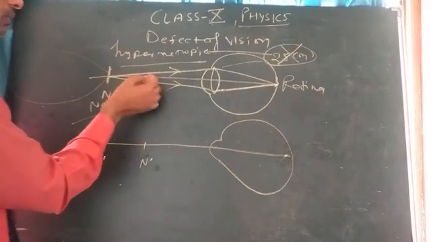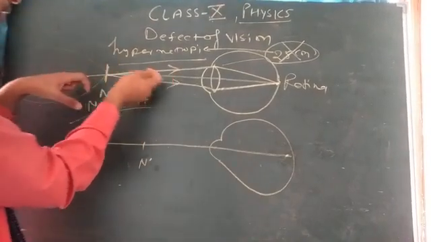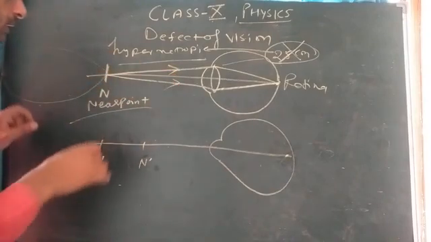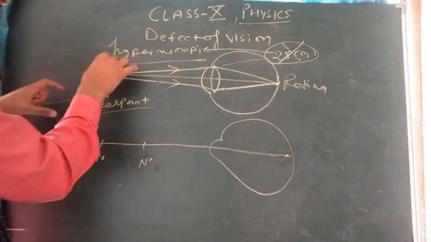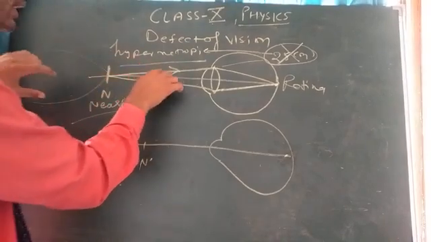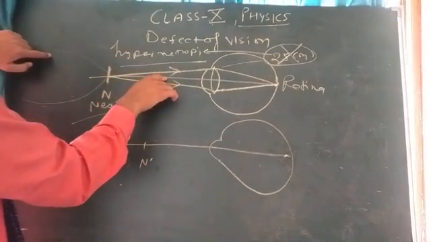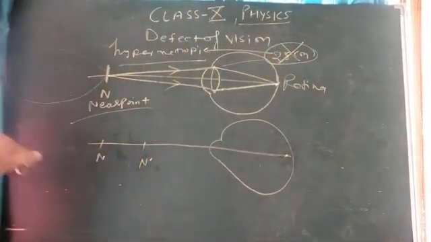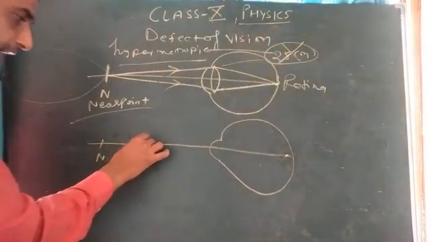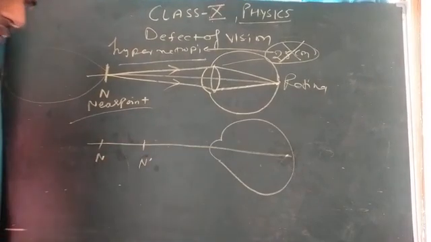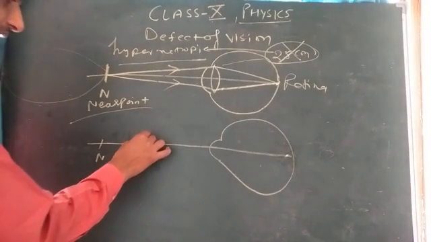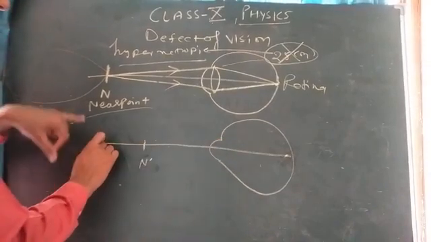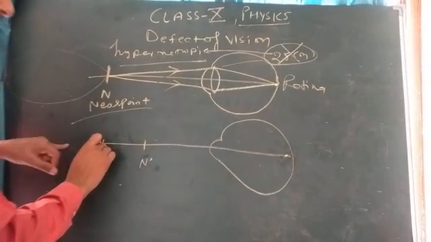It means this point becomes beyond 25 centimeters, between 25 and infinity. Maybe any point, but it is not 25. So if an object is placed at N dash, this is any point between the eye and the near point for the hypermetropic eye.